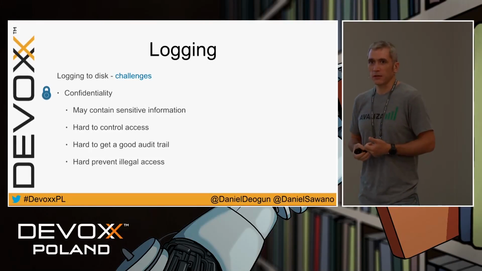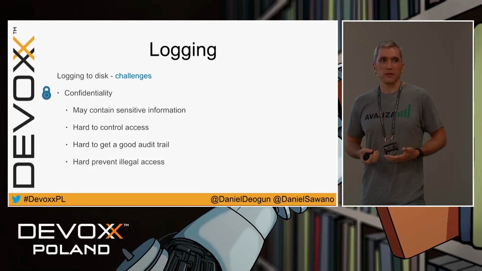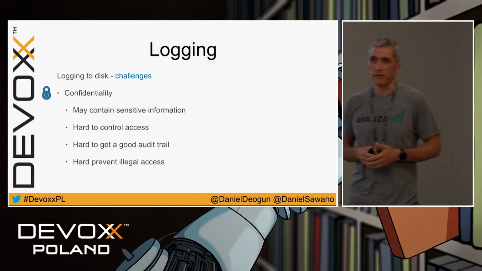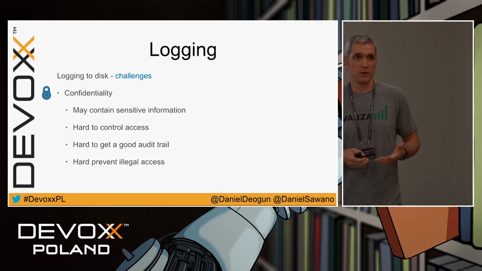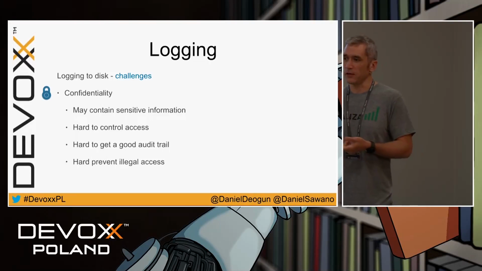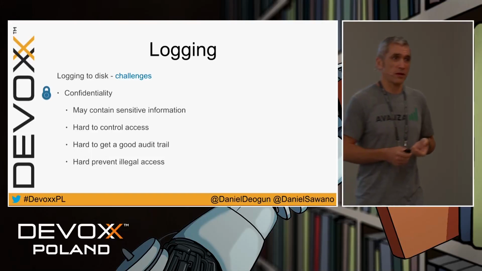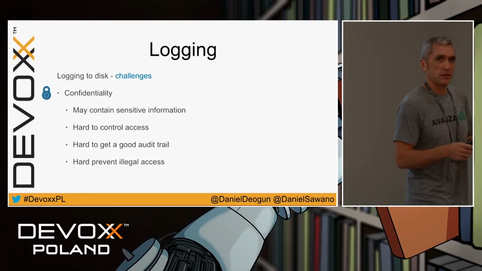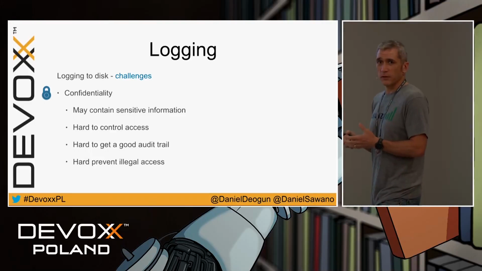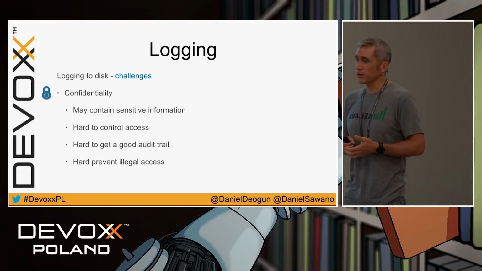Now, when you log stuff, we developers tend to put everything we have in logs because maybe it will be useful. So pretty much every log will contain sensitive information, and if it does, and it's in a file, you need to protect that file, right? You need to control access to the file, who can read it, who can change it, you need audit trails and everything like that, which again is really difficult to do when it's just a file on a file system.